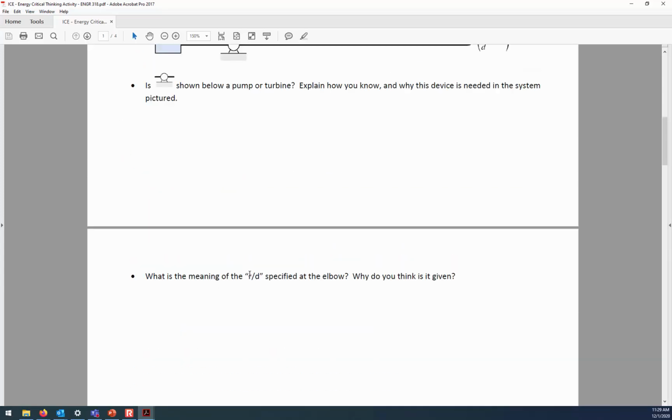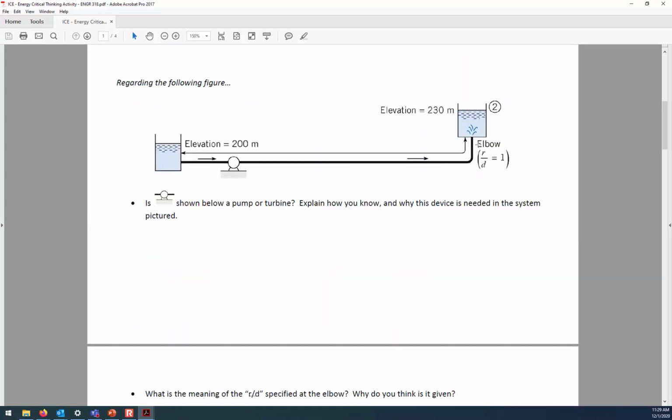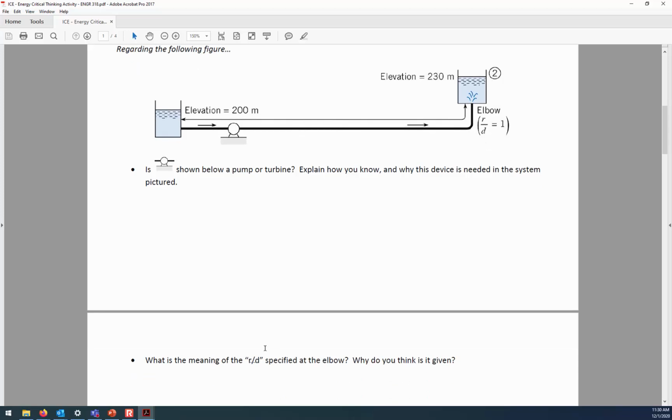Okay, now in the figure, there's also this R to D ratio. Notice at the elbow, it's mentioning that R to D is equal to 1. The students who were in the Civil Engineering 319 lab got kind of a sneak peek of what that might be related to. So I'm hoping that one of them would be willing to chime in on the significance: why is it given this R to D?